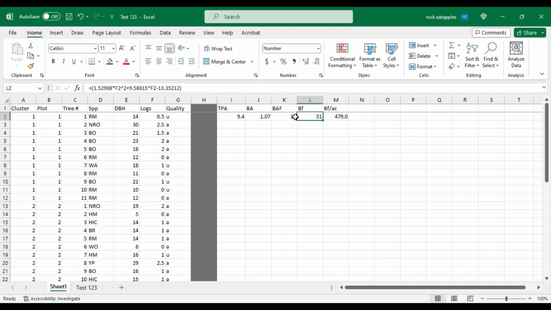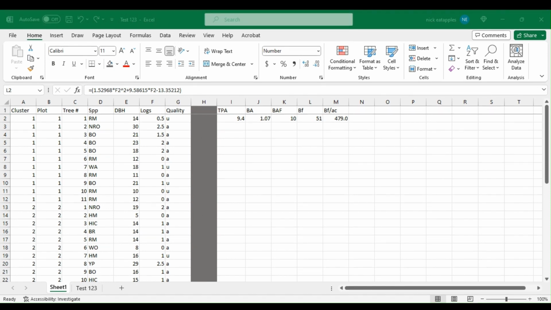Board feet. How many board feet are in a tree? You can find your volume tables from any state agency or all over the internet. You have different log rules: quarter-inch international, Doyle, Scribner, international eighth-inch.